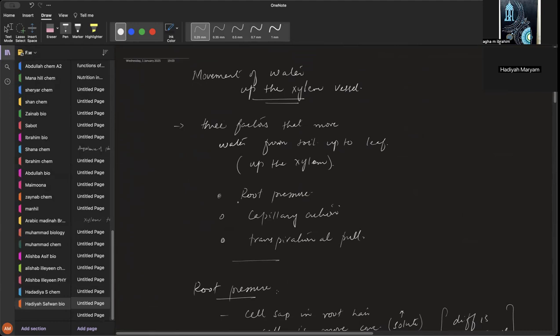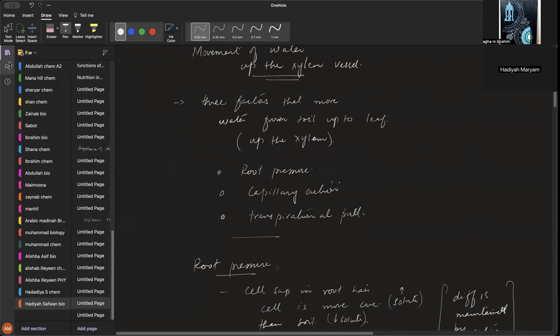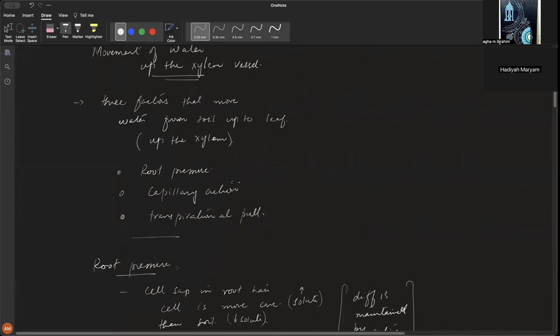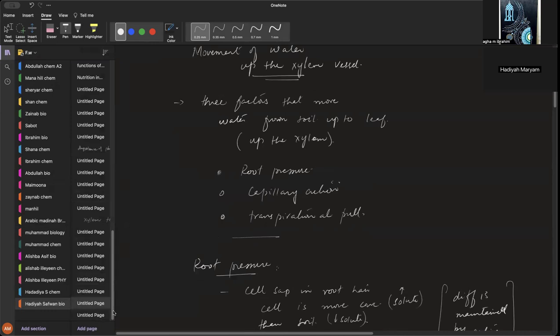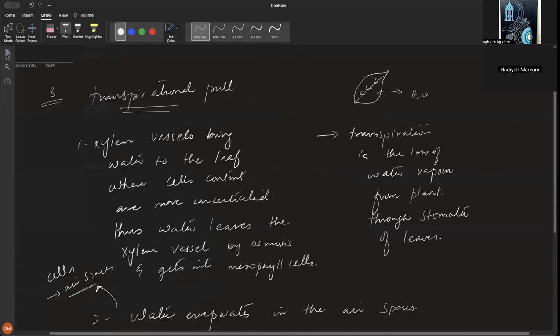We were able to go through two important factors, and we already discussed that there were three in general that contribute to the movement of water up the xylem vessel. Those three factors were root pressure, capillary action, and transpirational pull. We have already done root pressure and capillary action. We were going through the transpirational pull.